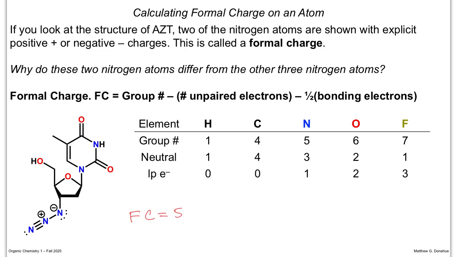So we have 5, and then we want to minus off the number of unpaired electrons, that's 4. And then we need to subtract off 2 times 2, that's another 4.